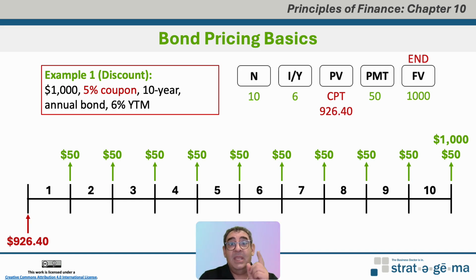My bond pays 5%. So in order to entice you to buy my bond, which pays you less interest than other bonds of similar risk on the market, that means that on average, other bonds are paying 6% interest on the market, where the market expectation is that an investor can earn 6% in an investment of similar risk.